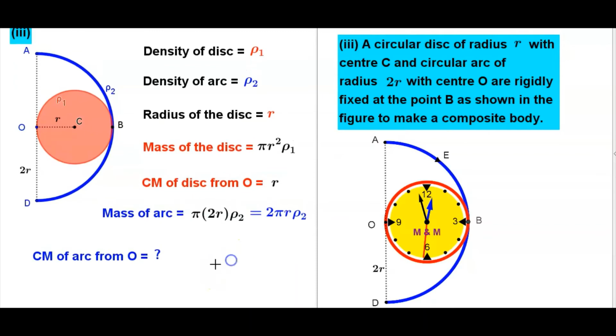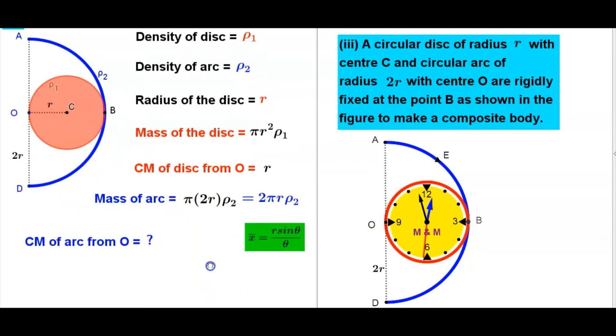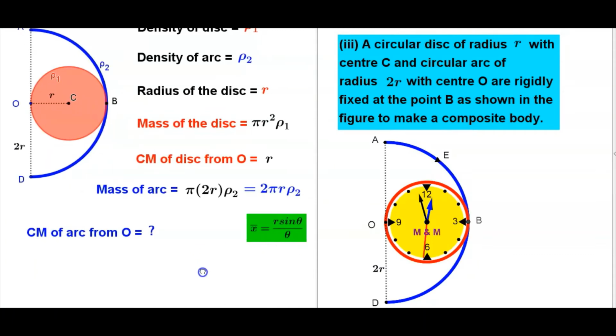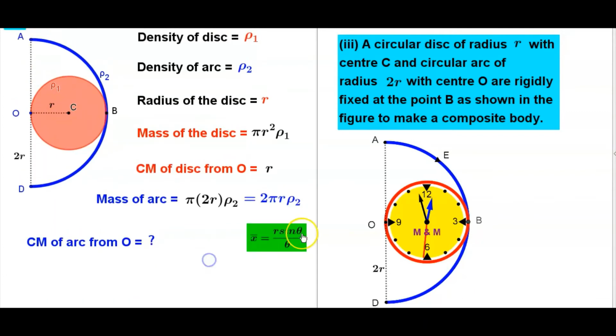Center of arc from O. You already found it: this is sine theta over theta. But for this arc, theta becomes pi by 2, so that at the center it makes 180 degrees, which is equal to 2 theta.